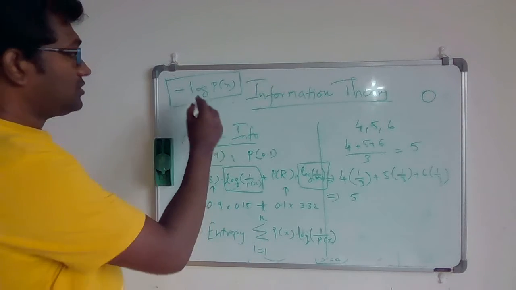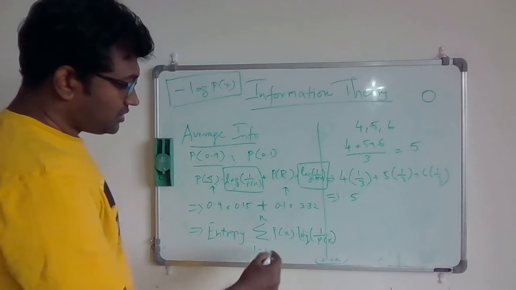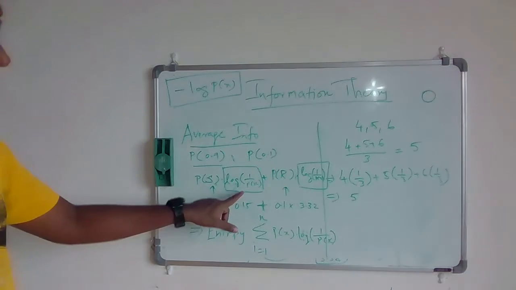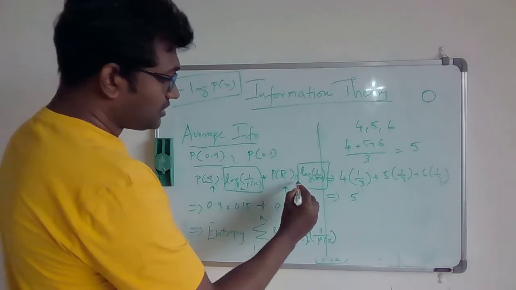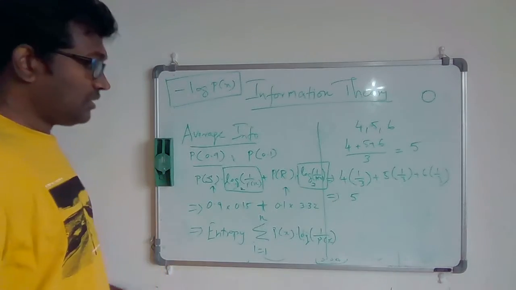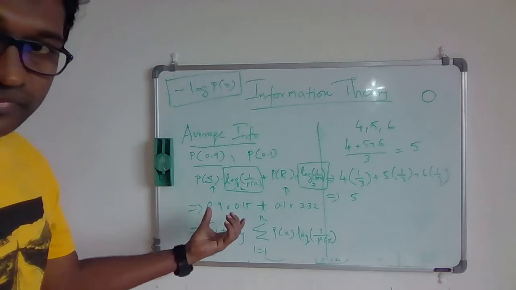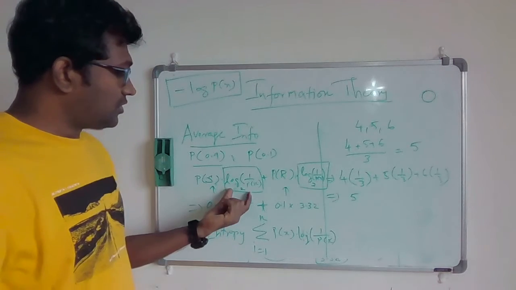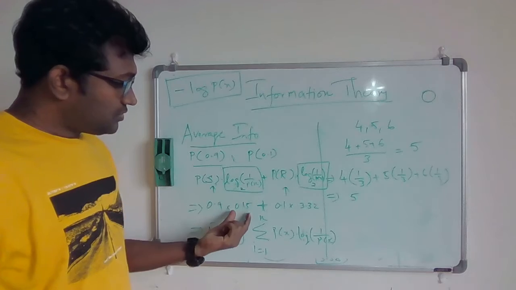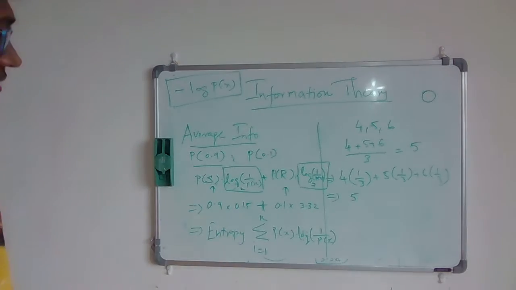So this is how you calculate entropy, and the log you take here is log to the base 2, because in most computers it is binary. In computer science you store things in binaries, so we use log to the base 2.